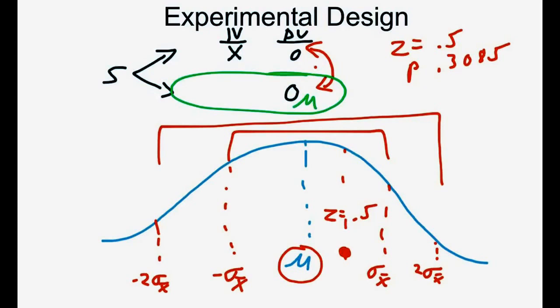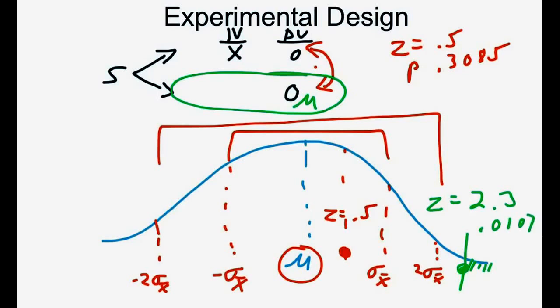But what instead if my sample of kids who watch a violent movie had a z of, we'll say, 2.3. Well, if I look up 2.3 in the z-table, I will see that the chance of drawing a sample whose score is at least that far away from the mean is 0.0107.